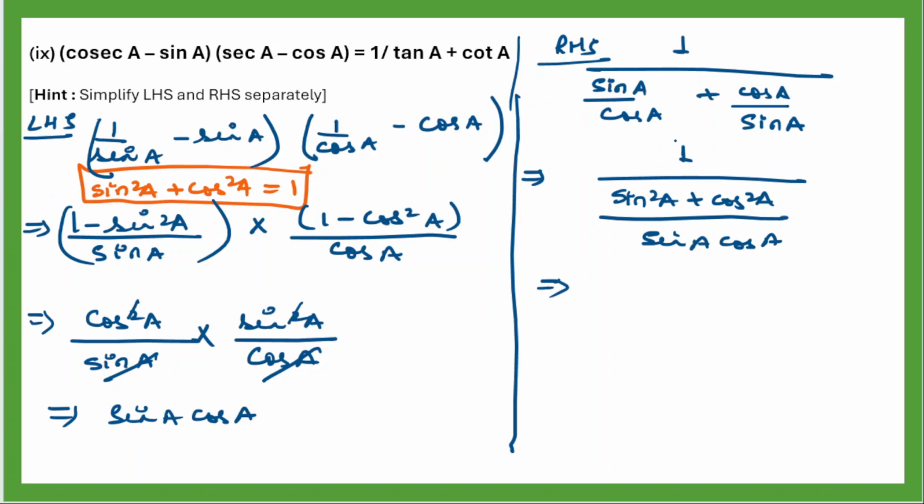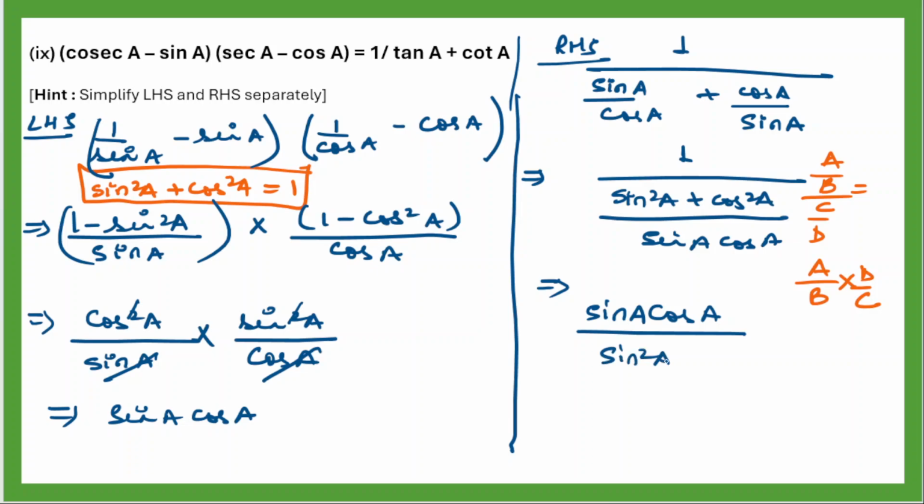Now this is of the format of A divided by B divided by C divided by D. So we can write it as A divided by B into D divided by C. So we can write it as sin A cos A divided by sin square A plus cos square A, and we know that sin square A plus cos square A is equal to 1, so we can write it as sin A into cos A. So left hand side is equal to right hand side.